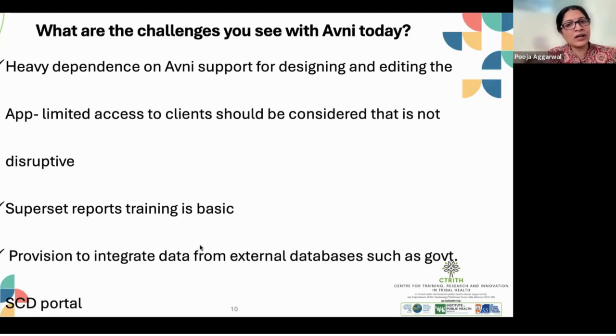So how to get these to talk and extract the data from the external database automatically, because otherwise if somebody has to do it manually, it's a lot of work to download the data from the government portal and then upload it in the Avni app. I would like to see some solutions coming up there also.